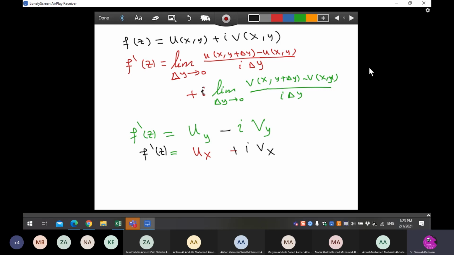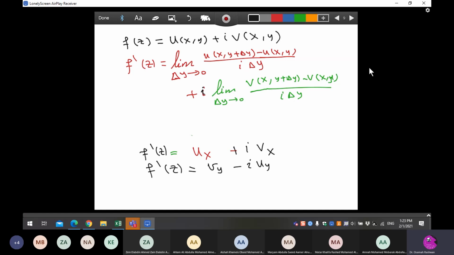So I have ux plus i vx. If I would like to change this using Cauchy-Riemann, I just do it this way. If I would like to have it in differentiation of y only, I have vx is minus uy, and ux is vy.